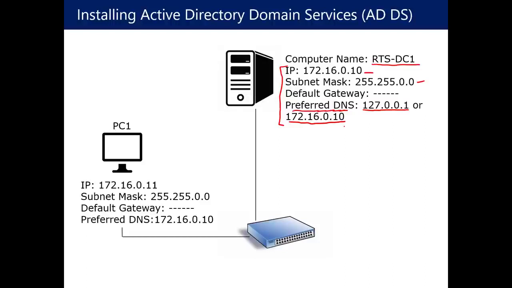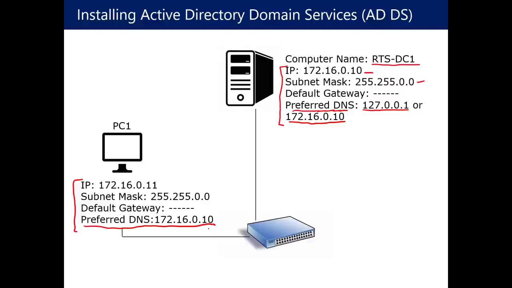When you go to configure your client computer, on the IP configuration side, you'll give your client an IP address. And the preferred DNS on your client is going to always be the IP address of your domain controller, your DNS server. Microsoft does recommend as a best practice that your domain controllers also run this DNS service.